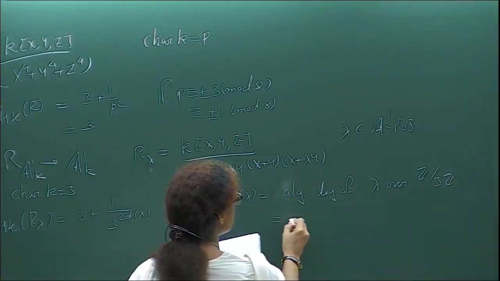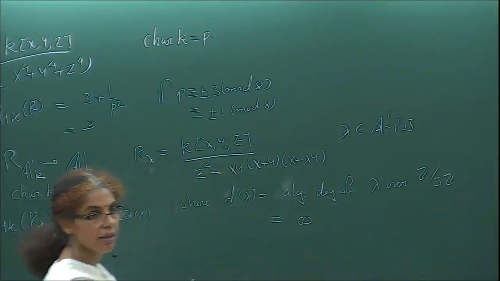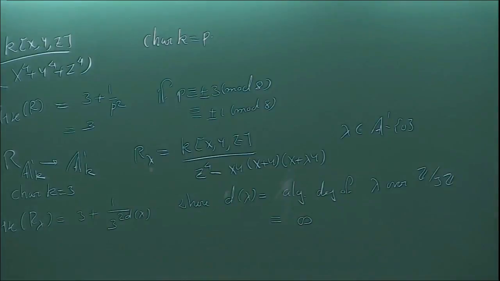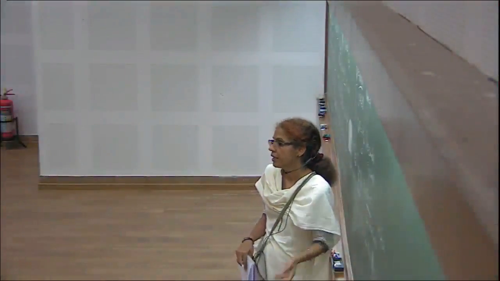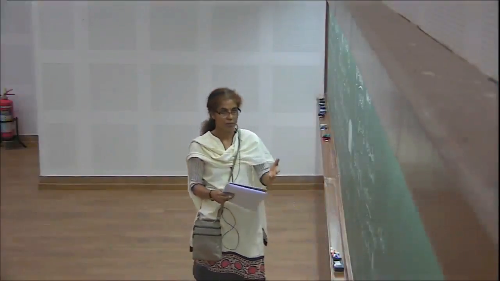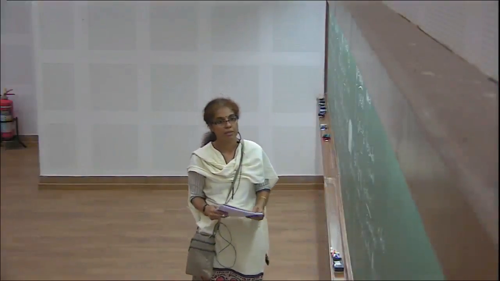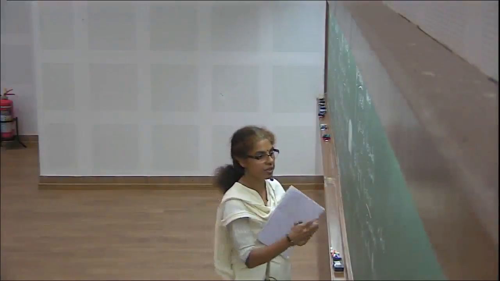And if it is transcendental, then you define it to be infinity. So this suggests that your EHK is not an upper semi-continuous function. And so in particular, it doesn't stay invariant under flat deformation.